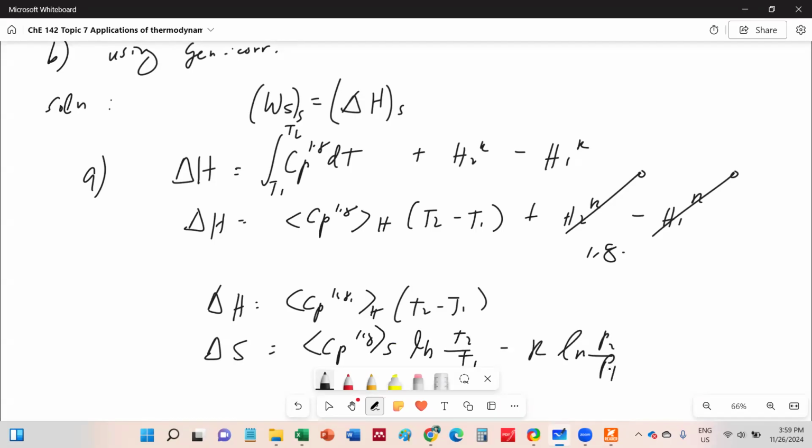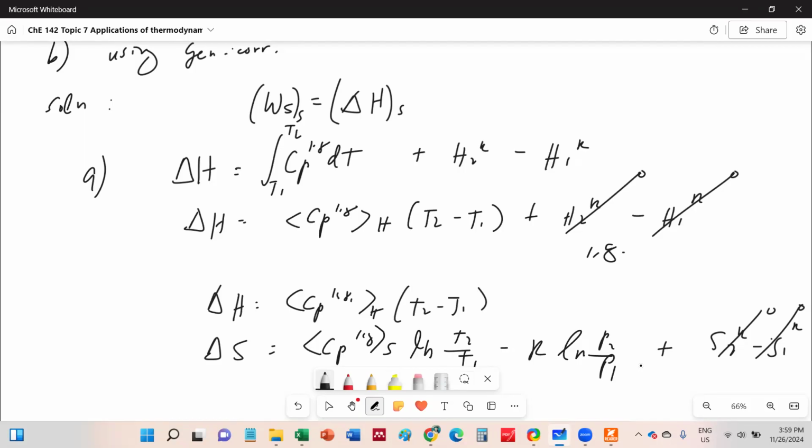Okay, so that is the equation. If it's an actual gas, we have S2R minus S1R, but since this is an ideal gas, there's no residual, so we're left with up to here.